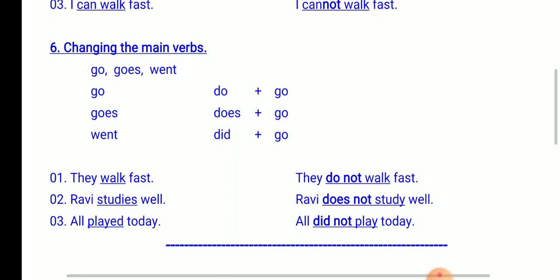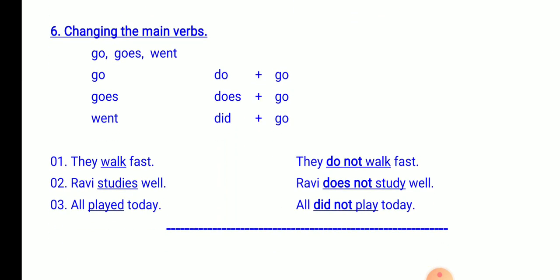Now look at the three sentences. The first sentence is they walk fast. The verb in this sentence is walk. Walk is a simple present tense verb. Split it as do plus walk.